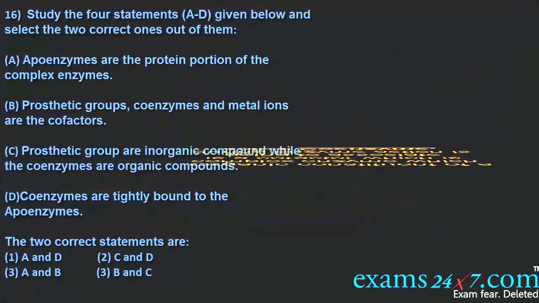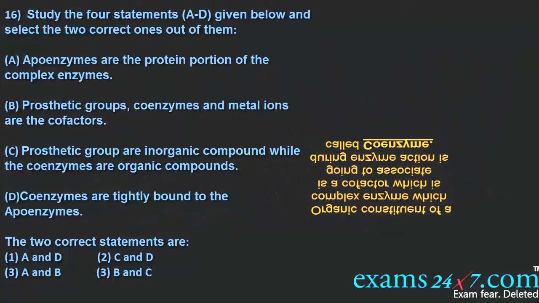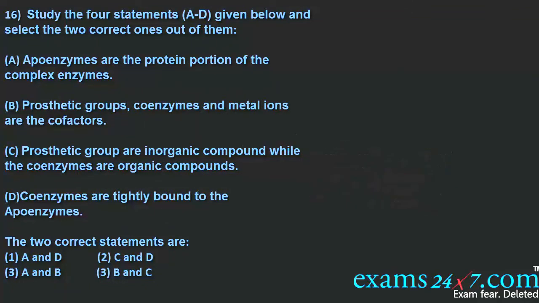And if it is always associated, means it is firmly fixed to the apoenzyme, then it is called the prosthetic group. So, statements A and B are correct. We have to pick the two correct options. Thereby the answer is option 3, which says A and B.